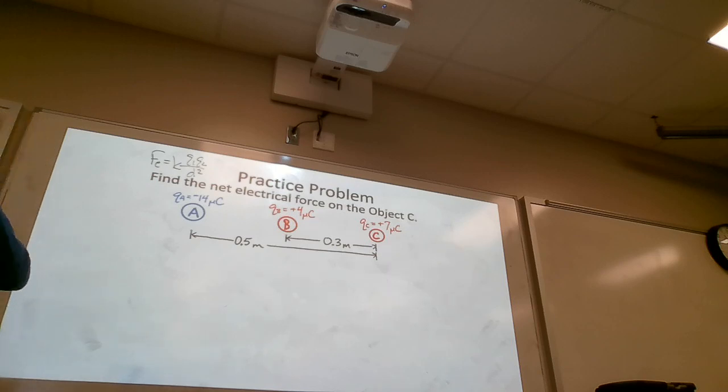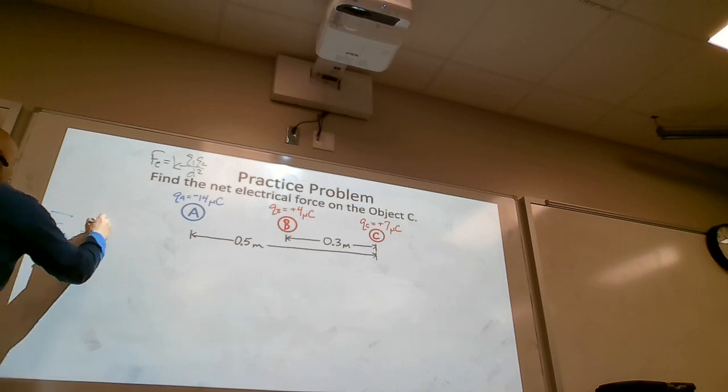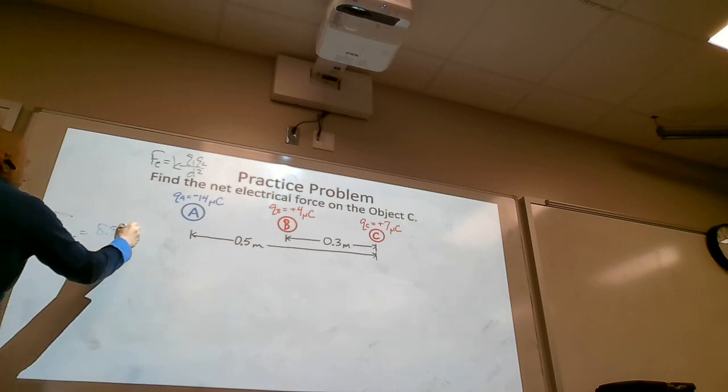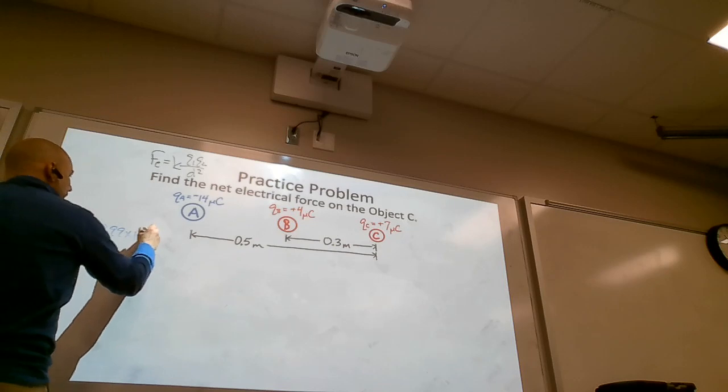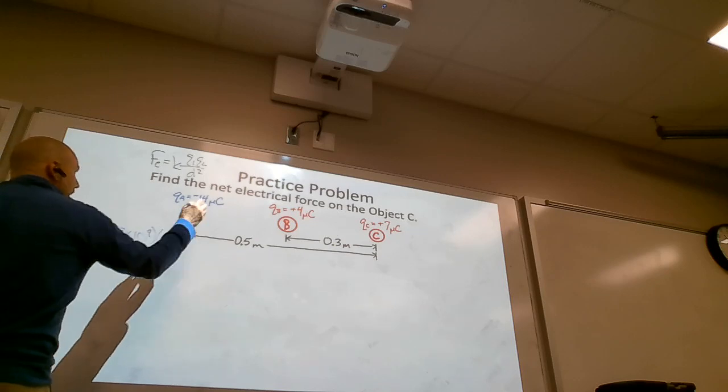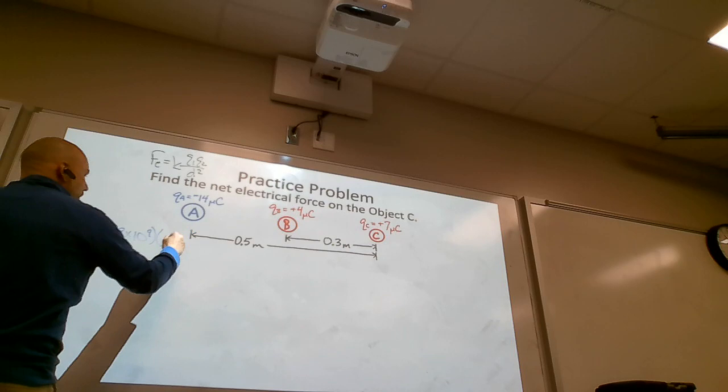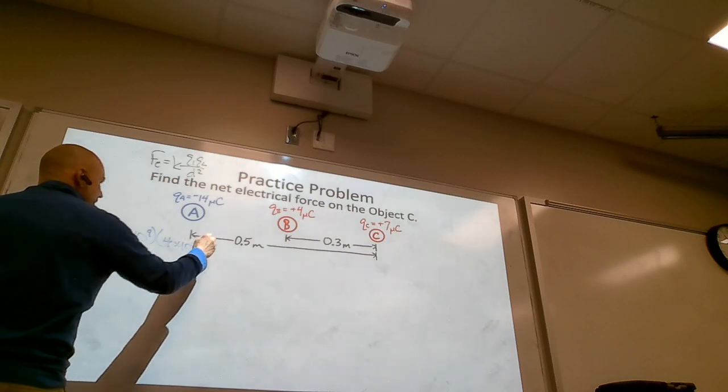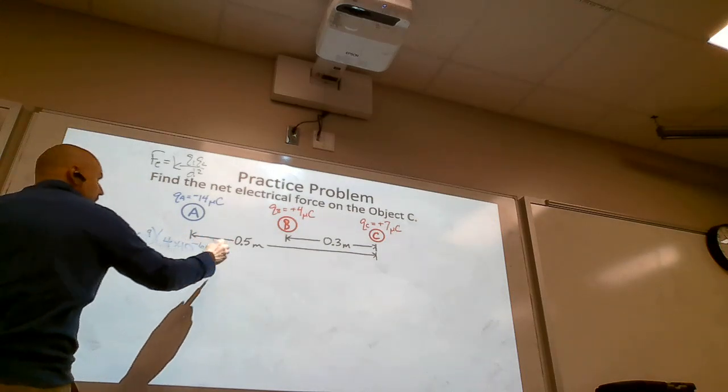Okay, between A and C, we've got 8.99 times 10 to the 9th times 4 times 10 to the negative 6th coulombs.